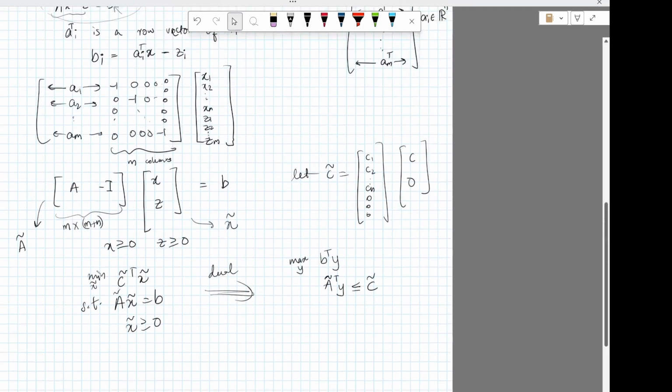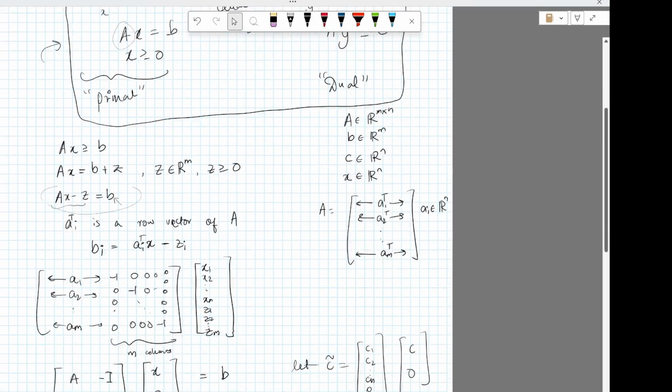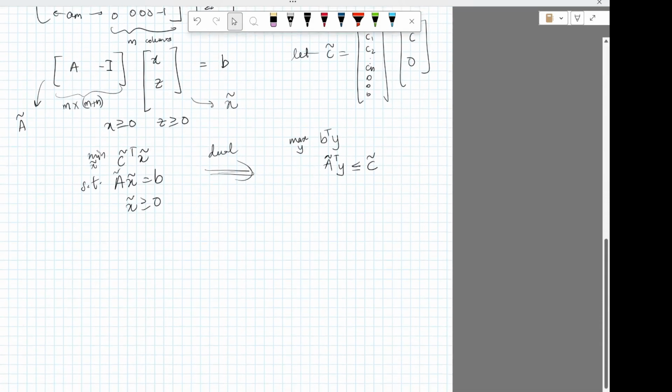Now I need to show this is equivalent to the second problem. So I'll expand my A tilde and c tilde to see how it is. So A tilde is basically A and minus I, transpose y less than or equal to c and 0.